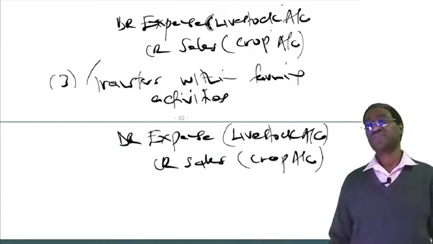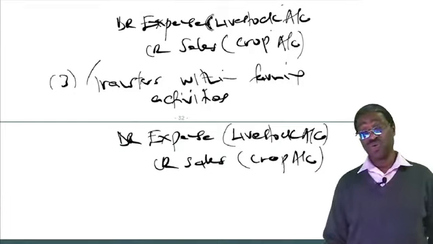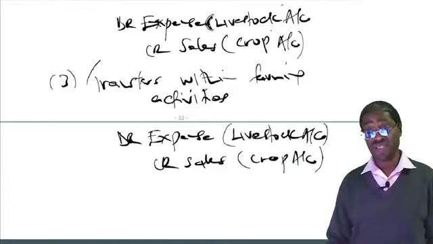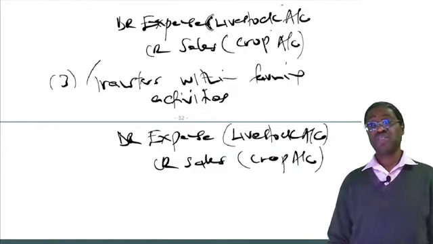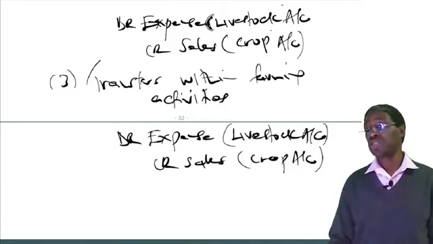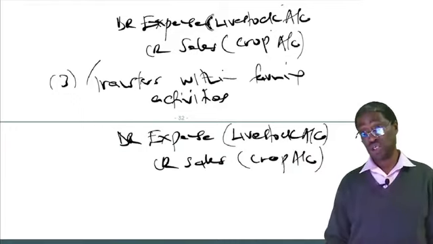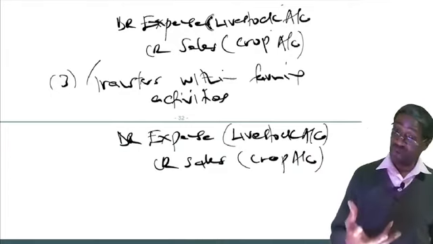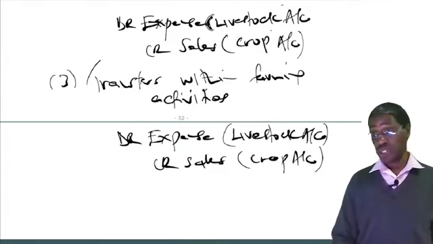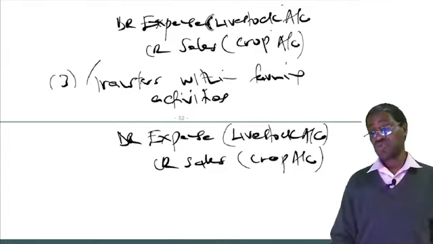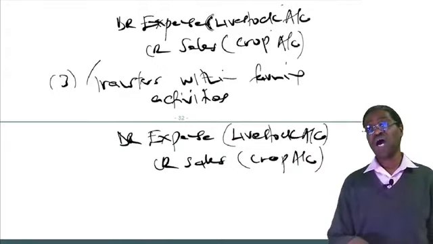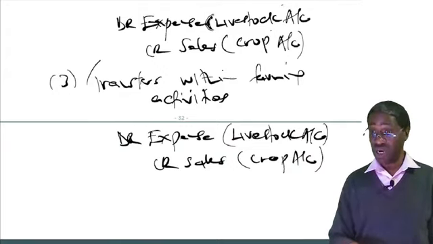Good. I think I'm through with the three main activities that may be challenging when you are given a question on agriculture, how to account for those special features. Now I want to talk about how to prepare a revenue account.